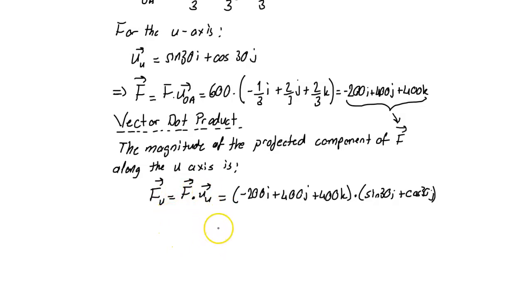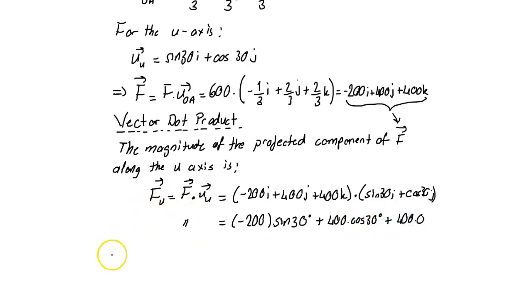So remembering how to calculate the dot product of two vectors, we're going to find that to be minus 200 times sine 30 degrees plus 400 times cosine 30 degrees plus 400 times 0.